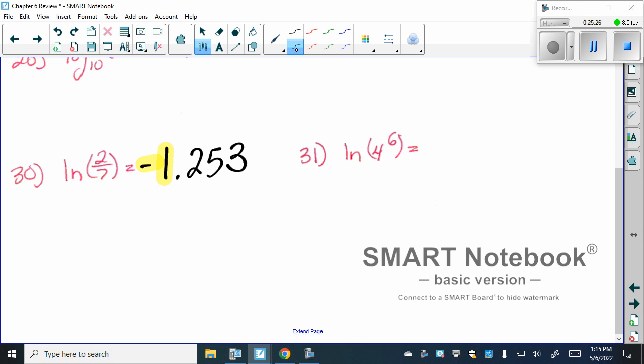Any other questions on this here? Are we good with these here? Number 31?